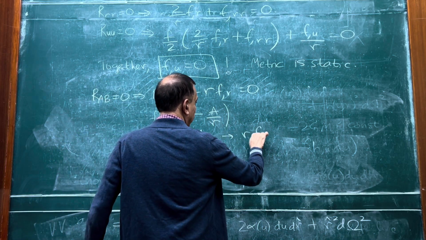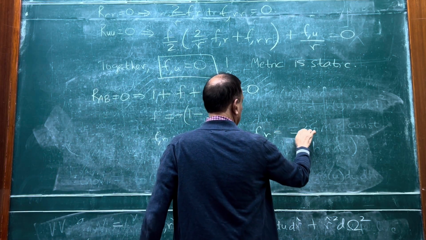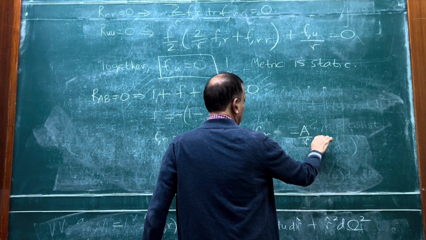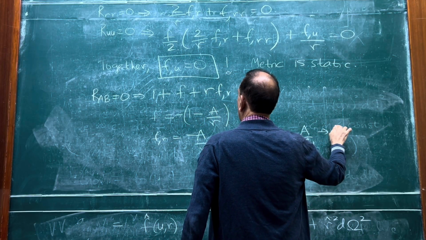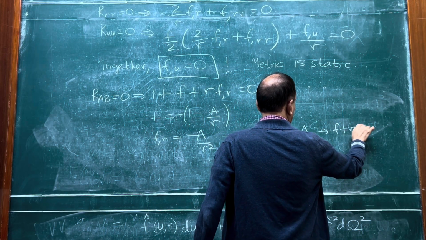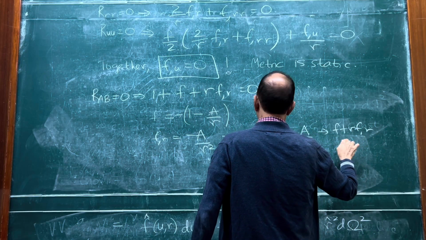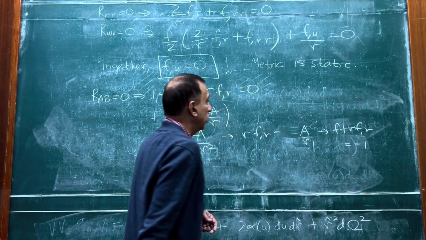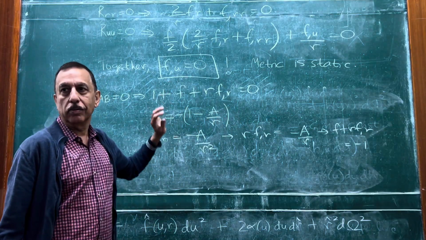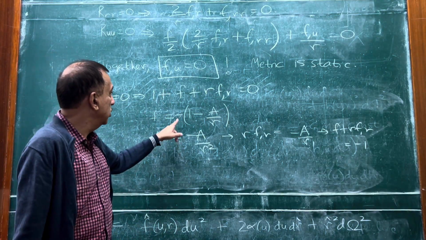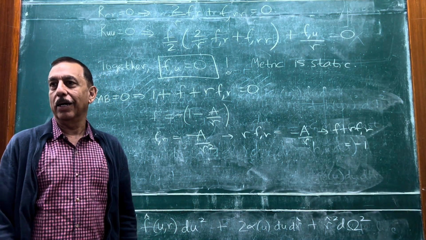So r f comma r is equal to minus a by r. So f plus r f comma r is equal to minus 1. So this is minus 1 plus 1. Yeah, sorry, I had a typo in my notes. So f is minus 1 minus a by r.